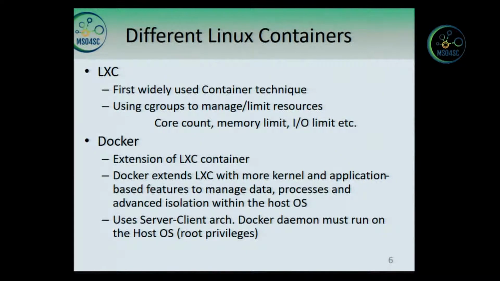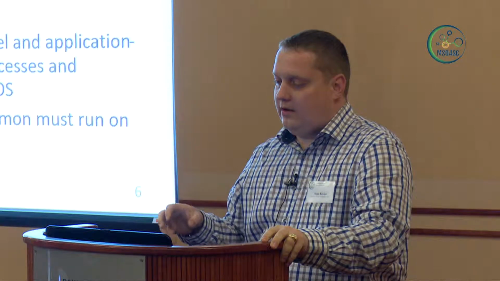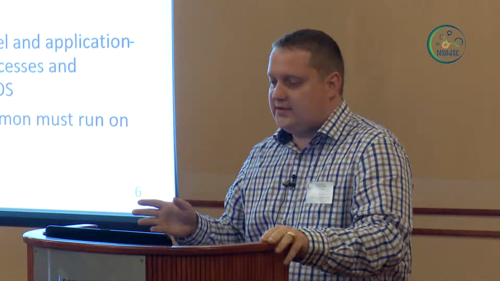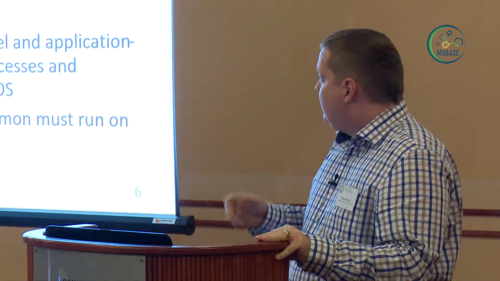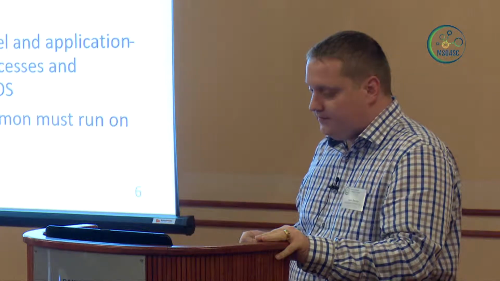So, the most common Linux containers. The first container is LXC, which is Linux Containers. It was the first widely used Linux container. It uses cgroups to limit different things, like how much processor we use, or how much memory we want to use, or to limit I/O and so on. Docker is an extension of LXC containers.